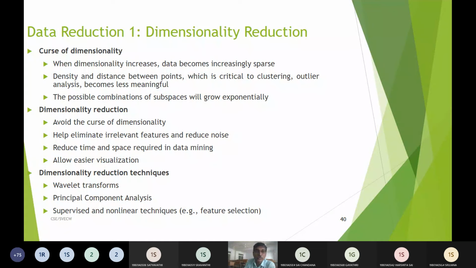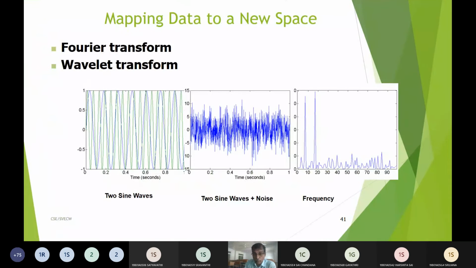That is how we come out of the dimensionality problem. It is possible to eliminate irrelevant attributes and reduce the noise, and that is one of the techniques proposed. Here is an example in image space. We have a sine wave and we have noise. Both of them can be reduced with wavelet transformation and Fourier transformation.